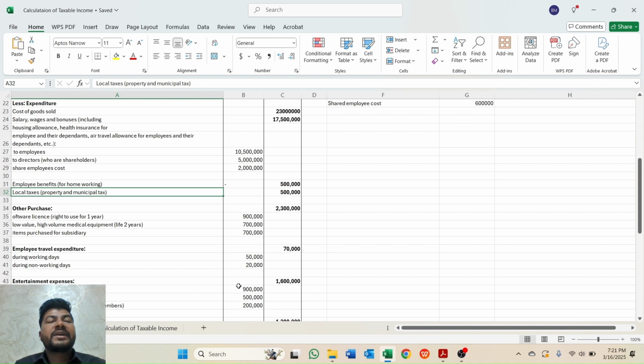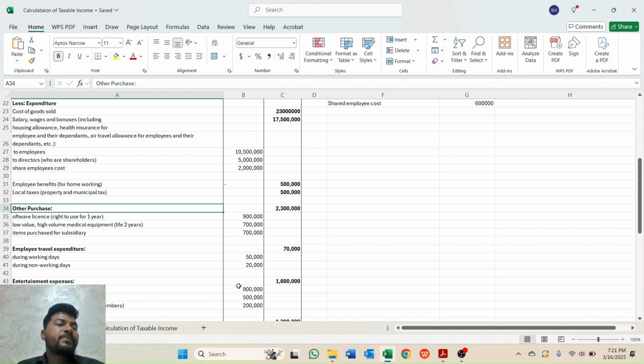Local tax, property and municipal tax: these taxes are paid by the company to the authority for the operation of the business. Since these are business related expenses, there won't be any adjustment. This is totally allowable, so we will not do anything.